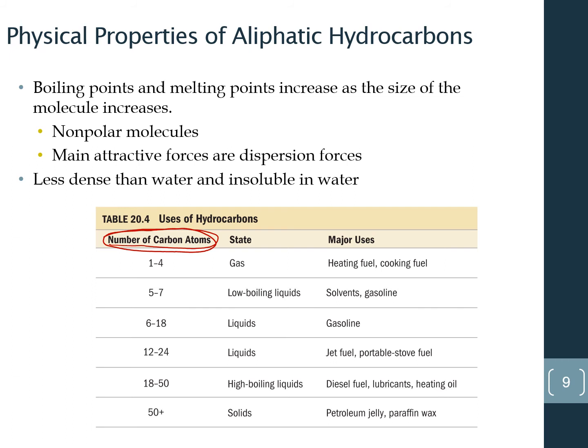They're liquids, but they have low boiling points, which means that a slight increase in temperature will evaporate those liquids. And then we move to hydrocarbons containing 6 to 18 carbons, and at room temperature they will be liquids. And you can see the other ones.